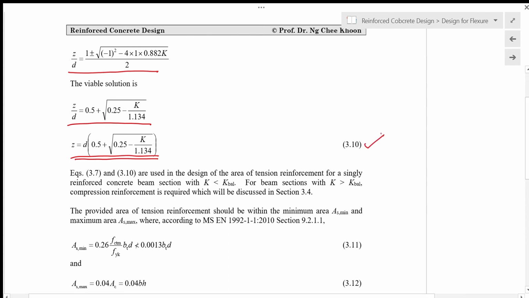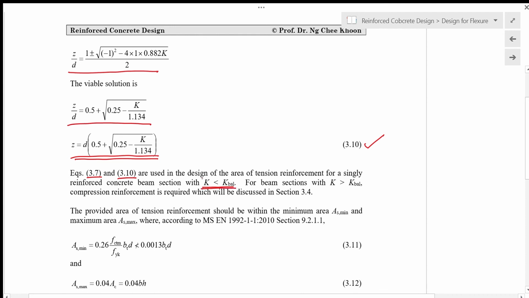So this equation 3.10 here is also a design equation that we use in the design of the reinforcement for a singly reinforced section. So equations 3.7 and 3.10 are used in the design of the area of tension reinforcement for a singly reinforced concrete beam section with K less than K balance.